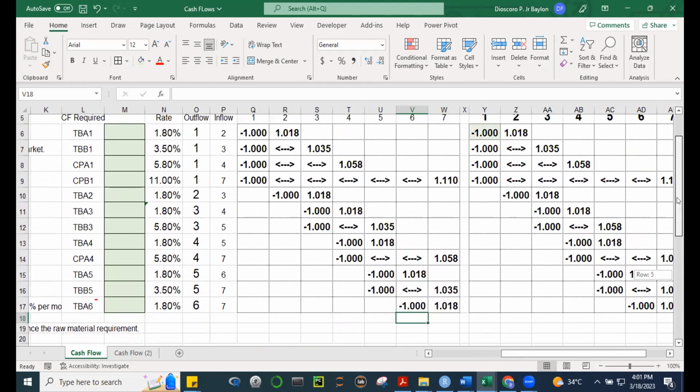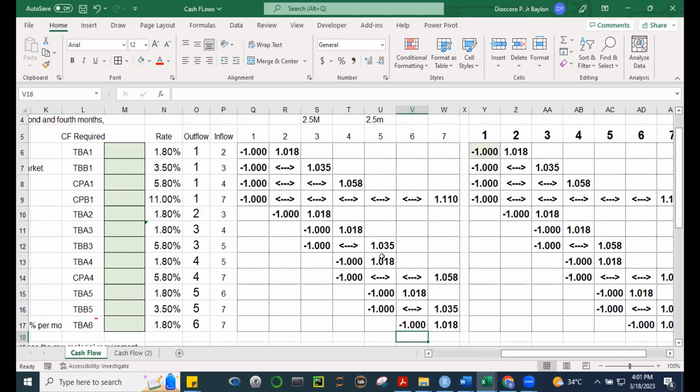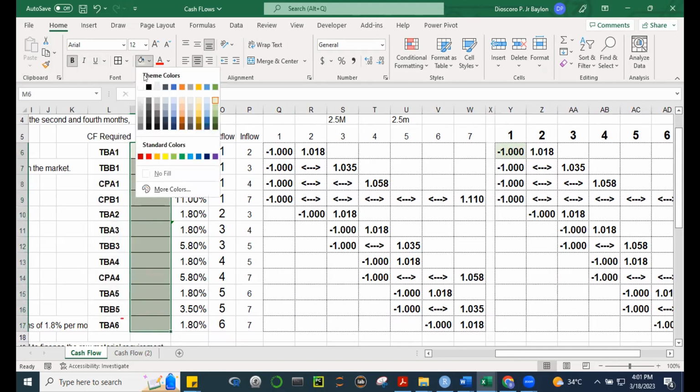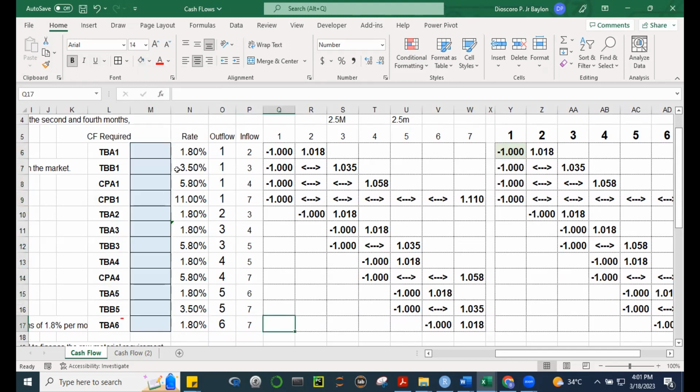All right, we can now set up our model. We can now solve for this using Solver. This one is our decision variables, right? So we have this already, and I'll color this light blue.